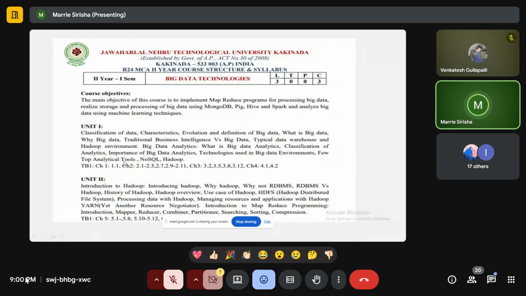There are a few top analytic tools: NoSQL and Hadoop. As I already gave you the introduction to Hadoop, and also explained each term, tomorrow we will discuss this second part.